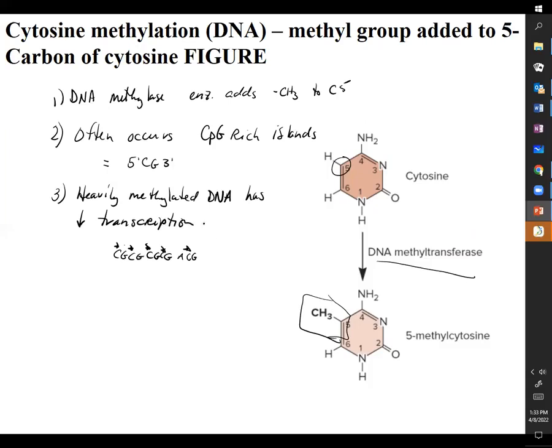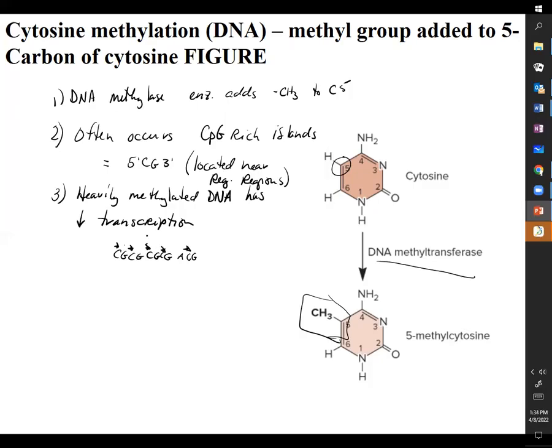So in general, heavily methylated DNA has reduced transcription. These CpG-rich islands are usually located near regulatory sequences, promoters, and other regions that are involved in regulated transcription. So if there's heavy methylation of the Cs, then that results in reduced transcription.